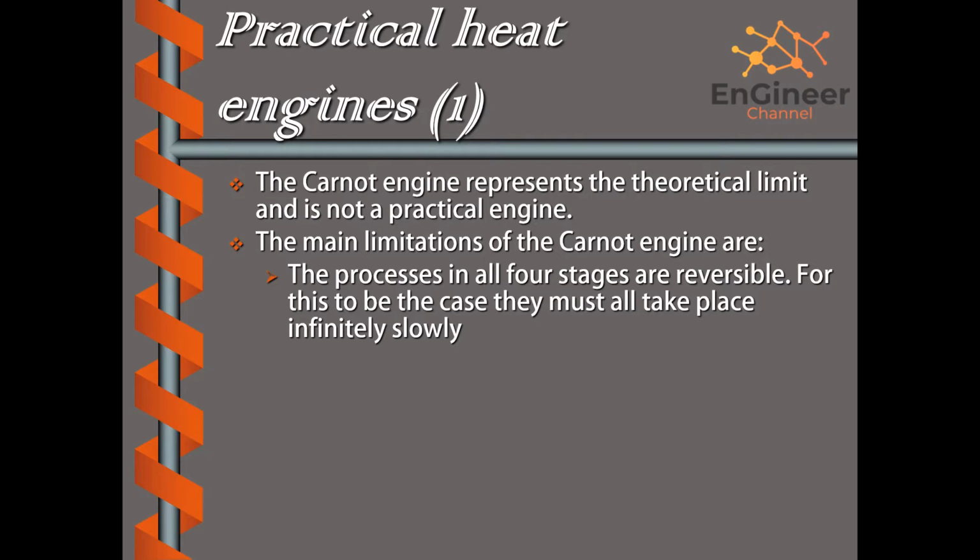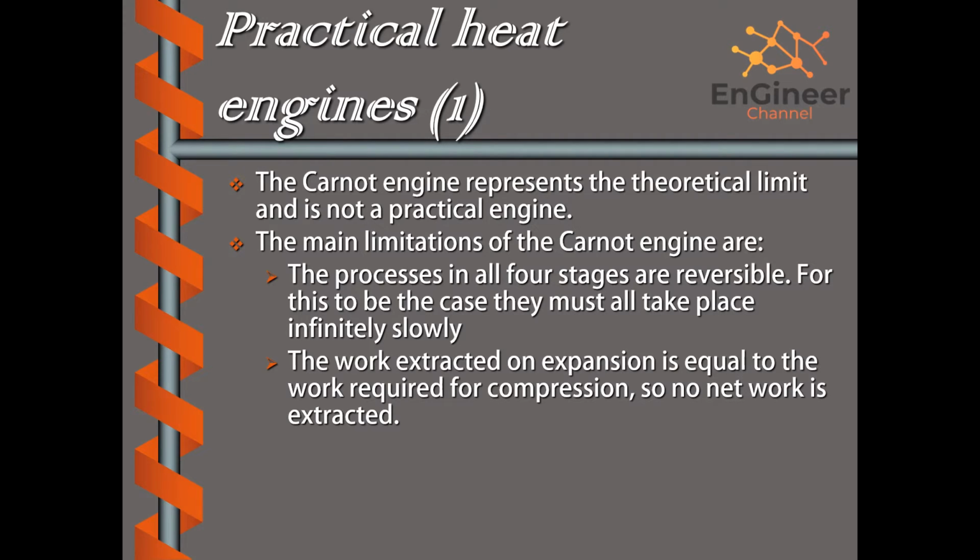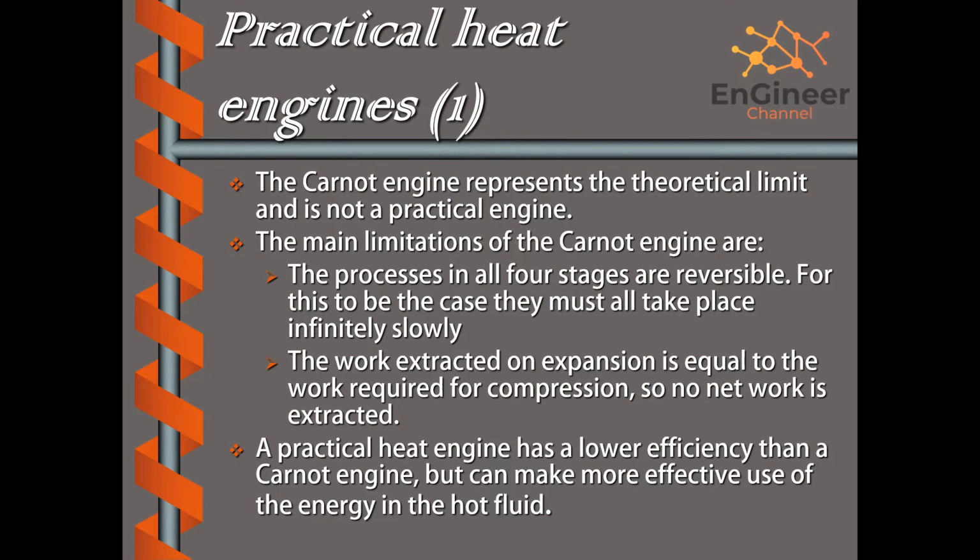For this to be the case, they must all take place infinitely slowly. The work extracted on expansion is equal to the work required for compression, so no net work is extracted. A practical heat engine has a lower efficiency than a Carnot engine, but can make more effective use of the energy in the hot fluid.